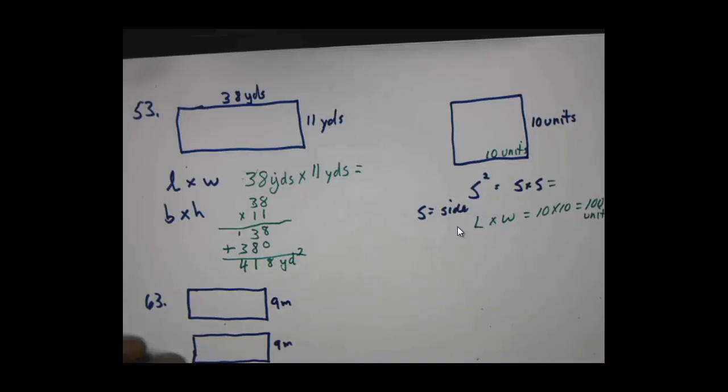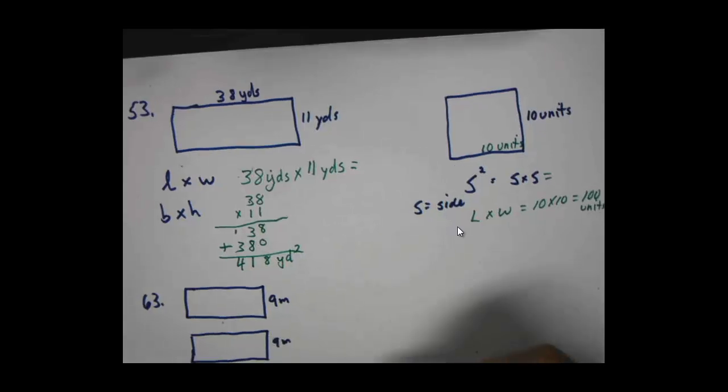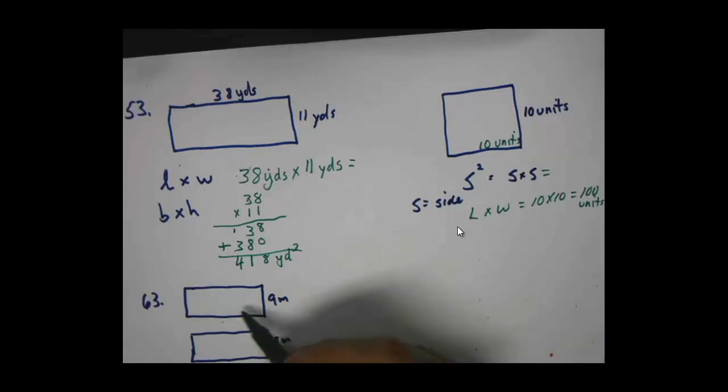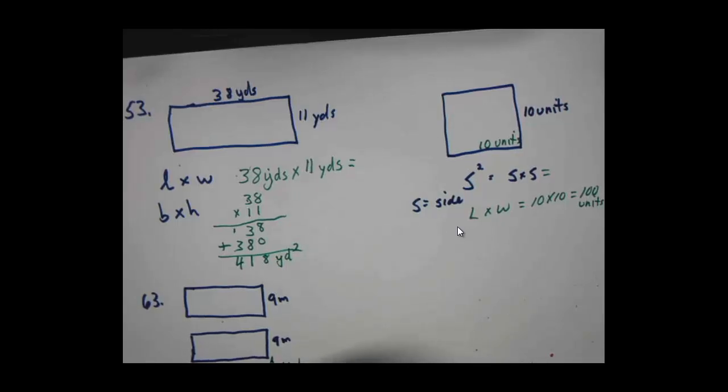Problem number 63, I want to draw your attention because we can do it in a couple of different ways. So we have 2 rectangles. They are both 26 times 9. Okay, so if we're finding the area of one and we're doing length times width, and the length is 26, the width is 9, and this is a meter and a meter.